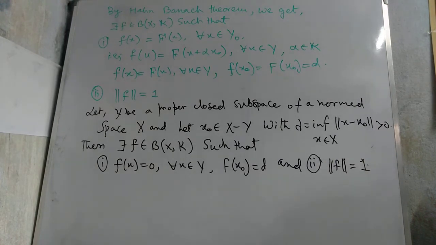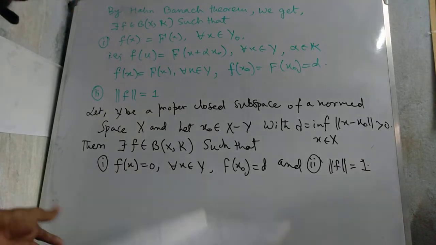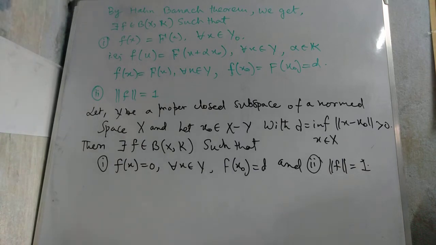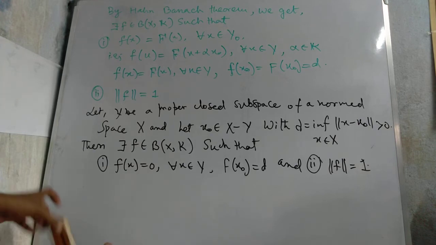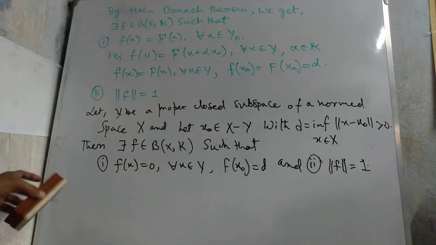So we discussed two important formulas. We also dealt with getting knowledge and applications of the Hahn Banach theorem. That means we use the Hahn Banach theorem here and get something new, that means we construct a new functional and its extension also.